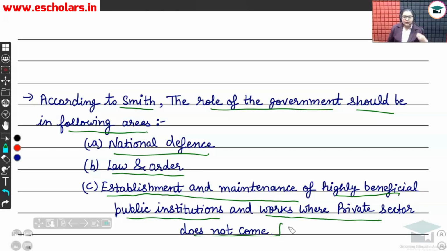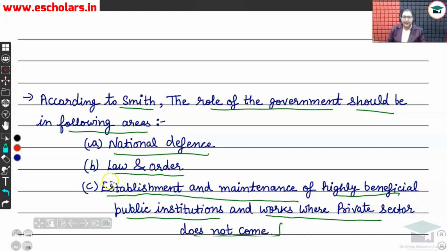For example, through government schools, the government will render educational services to the students who could be deprived of them if the government had not provided the educational services at very low fees or free of cost.